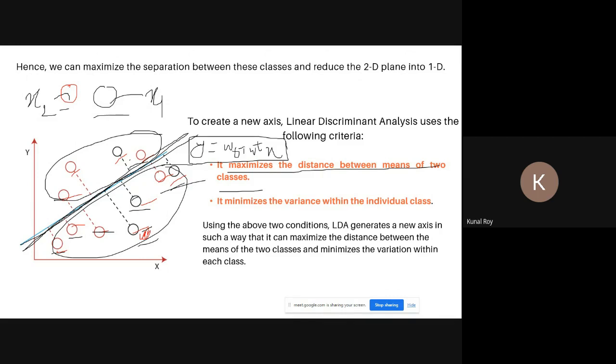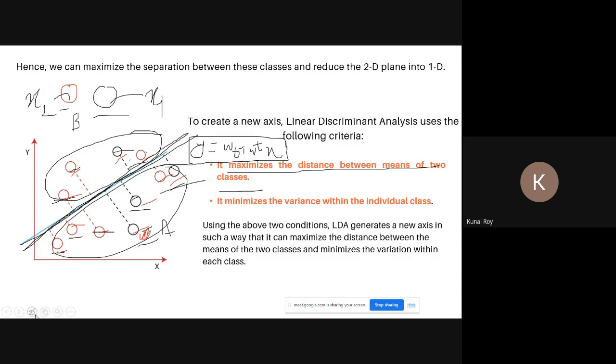After creating a discriminant function, I have observed that in class B there are 4 data points which are coming. In class A there are 7 data points which are coming. Now how can we implement this in a linear discriminant analysis? We can implement this by calculating the average distance between them.